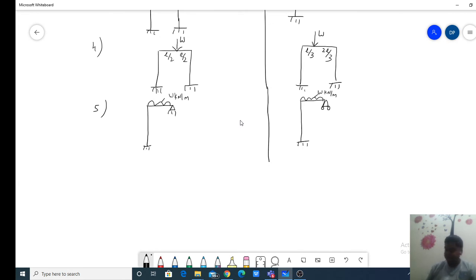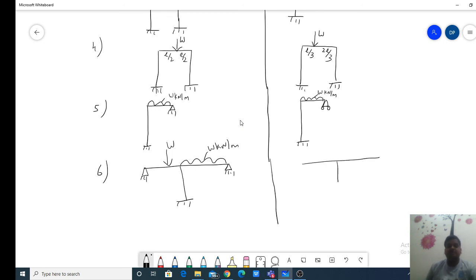And one last example. If this is the frame given, with a hinge support here and a hinge support here, and whatever the loading W, this is also W kilonewton per meter, then this comes under non-sway frame.